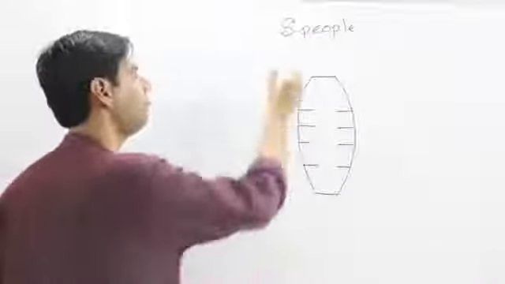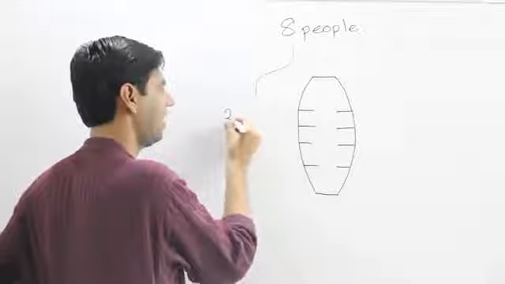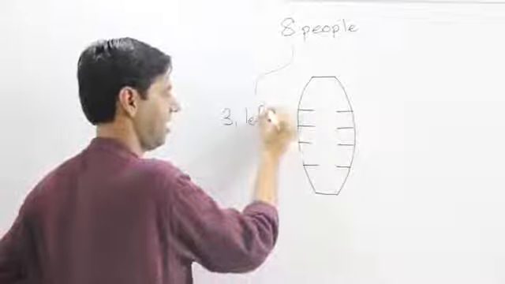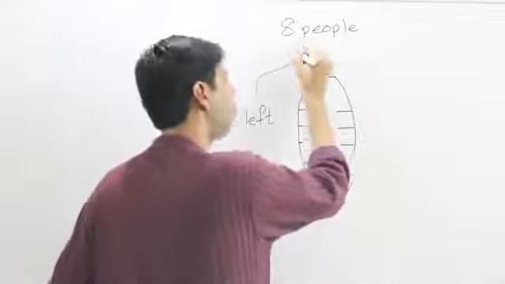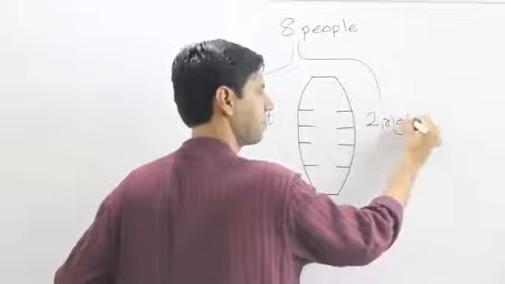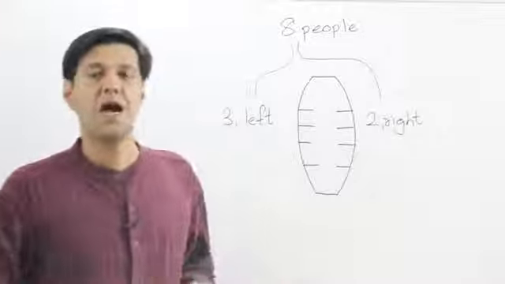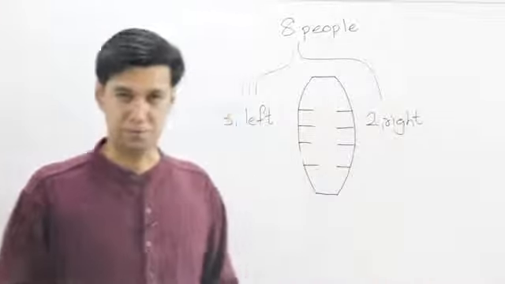However, out of these 8 people, 3 of them insist that they are going to sit on the left side only because they are more comfortable rowing that side, and 2 more people insist that they will sit on the right side. The question is, with these conditions, in how many different ways can I man this boat?